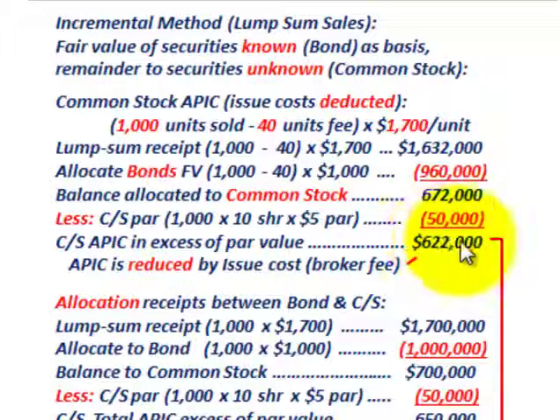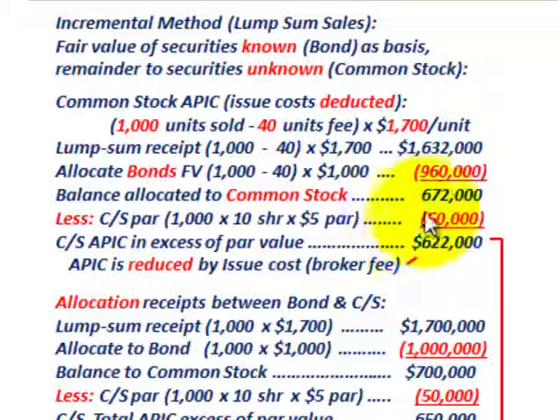Now, that additional paid-in capital is reduced by those issue costs, or broker fees, that we included above. So that's how we calculated the additional paid-in capital for our common stock.